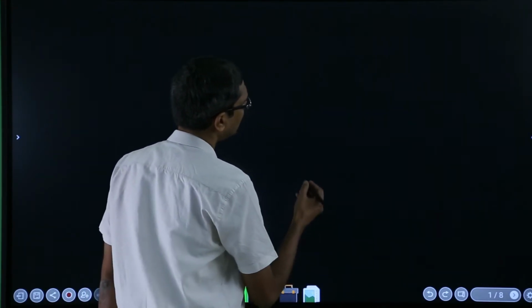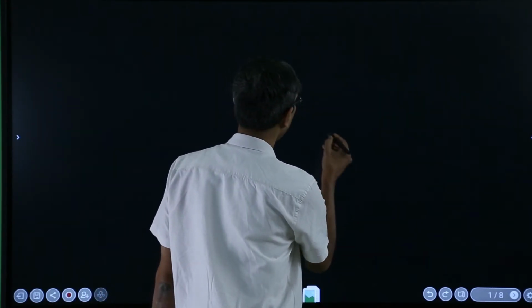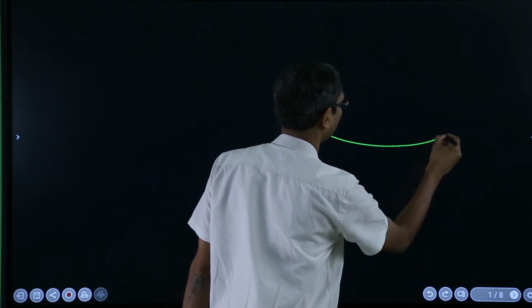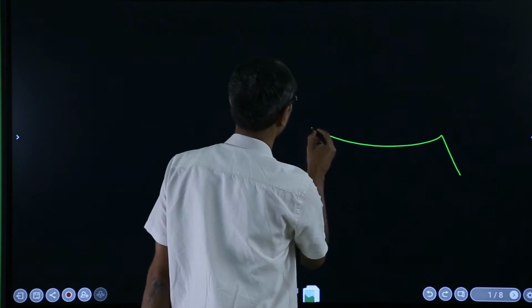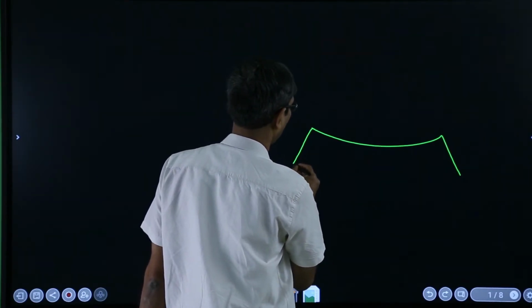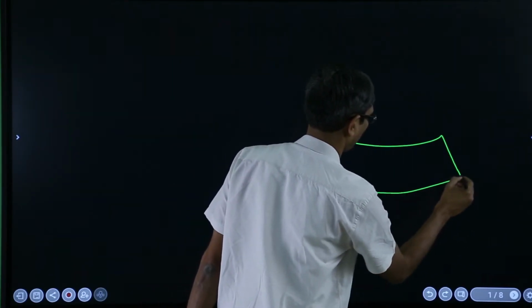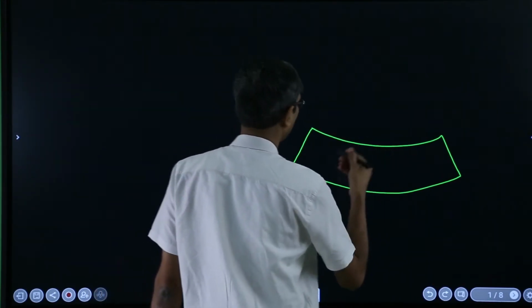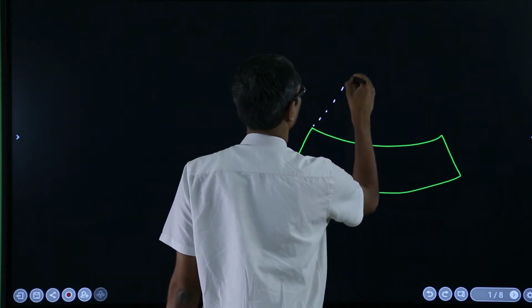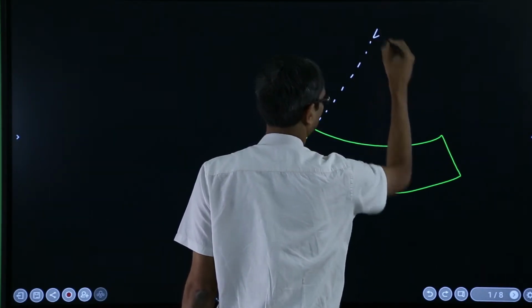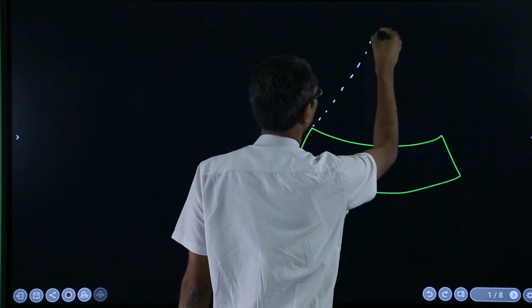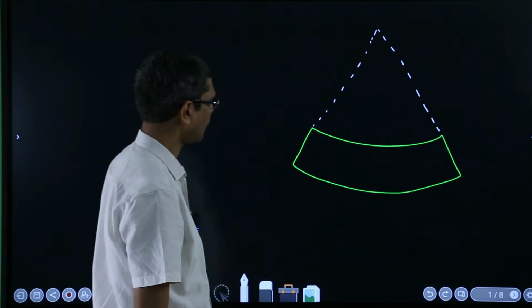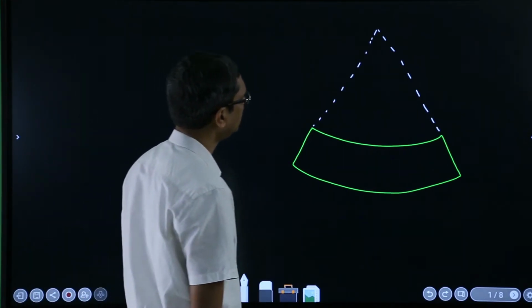So till now we have seen that, say, a beam is bent like this. And then we discussed why the shape will be part of a circle, an arc of a circle.